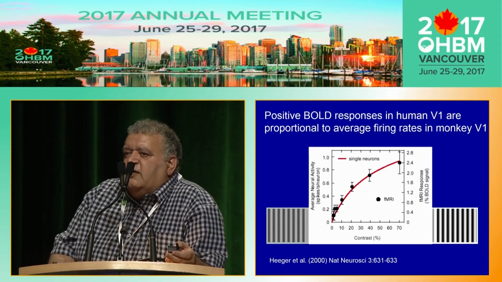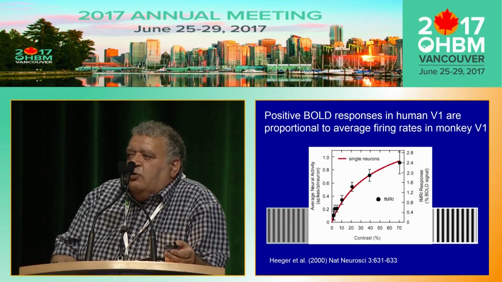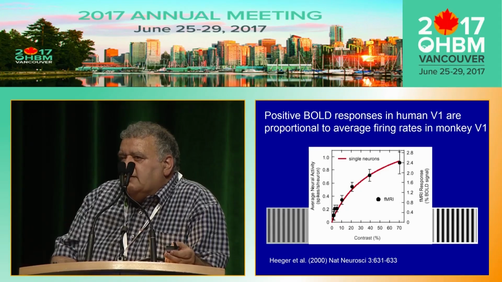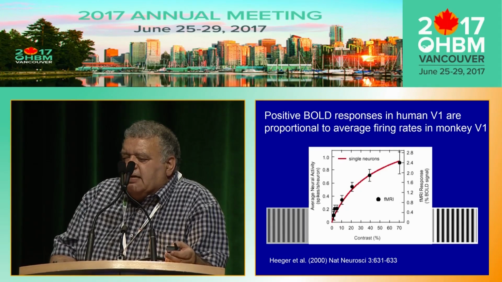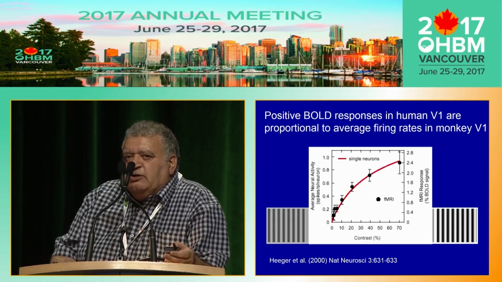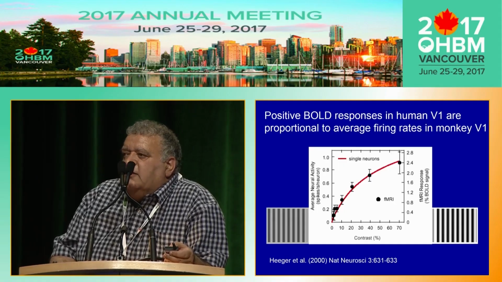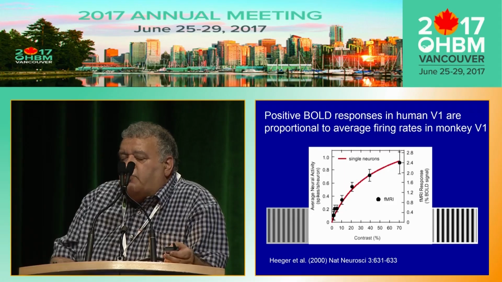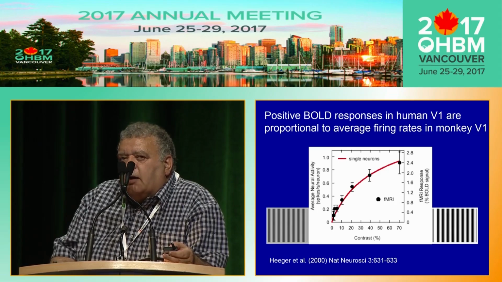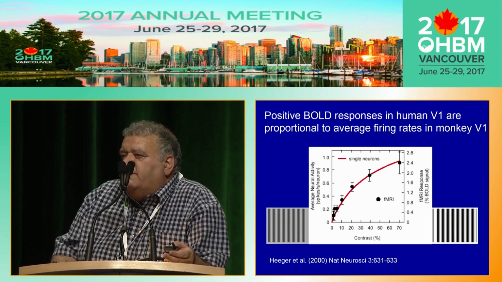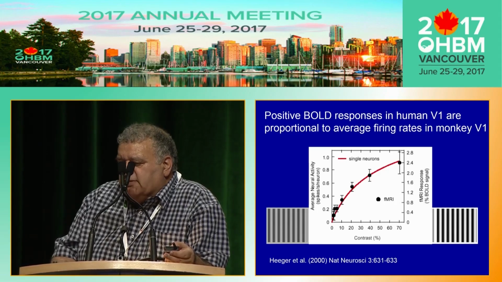And it is known from monkey physiology that the higher the luminance contrast, the higher the response of neurons in area V1. This can be seen by the single neurons, the red curve that was recorded from primates in area V1. The dark circles represent measurement of functional MRI in human subjects, also in V1 with the same visual stimulus.